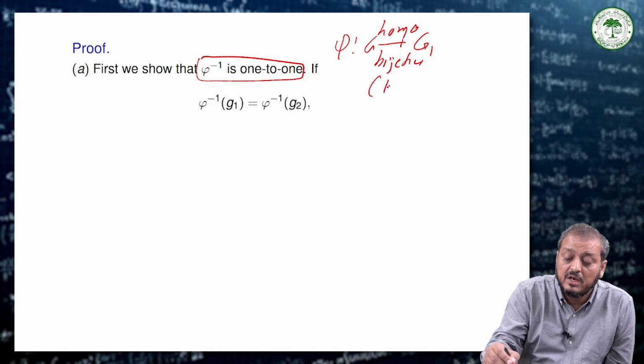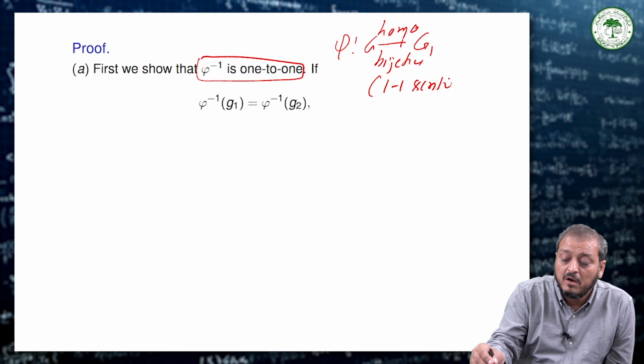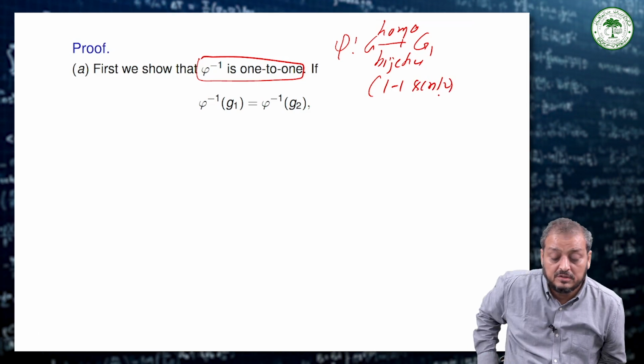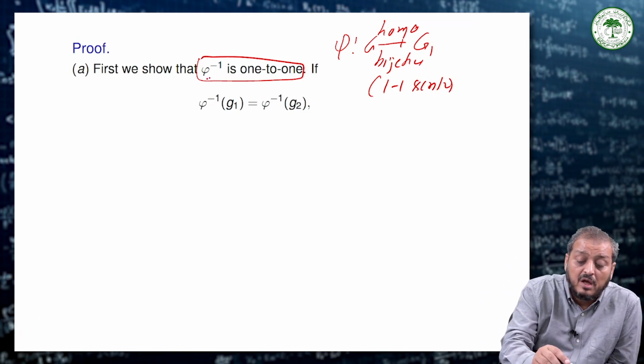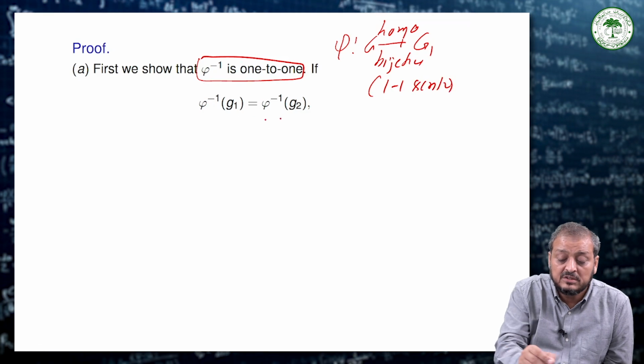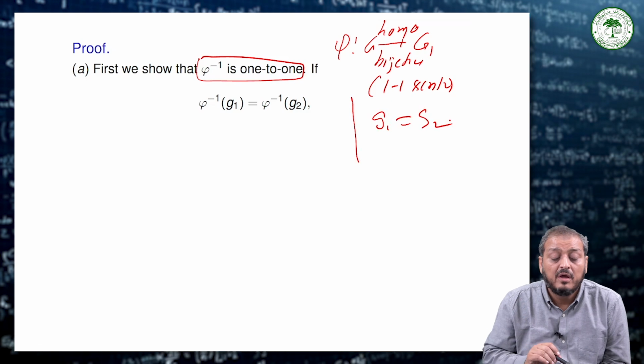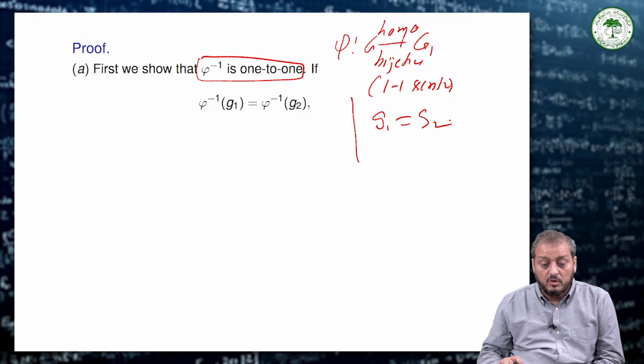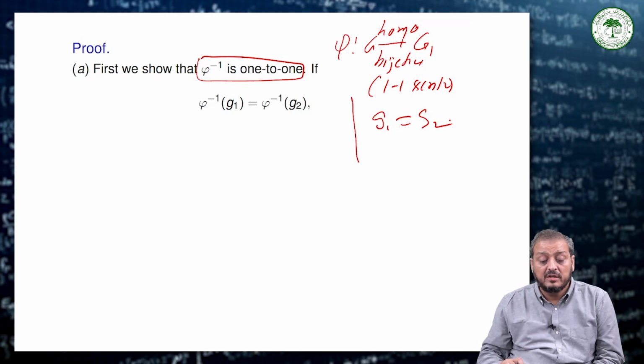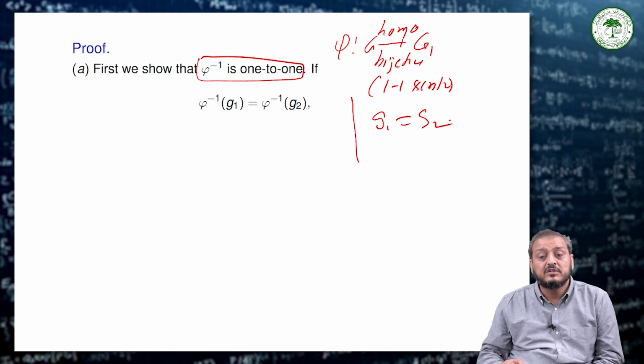Bijective means the 1-1 and onto conditions are satisfied. So we have to show that if phi inverse of g1 equals phi inverse of g2, then g1 is the same as g2, where g1 and g2 are elements of G1.